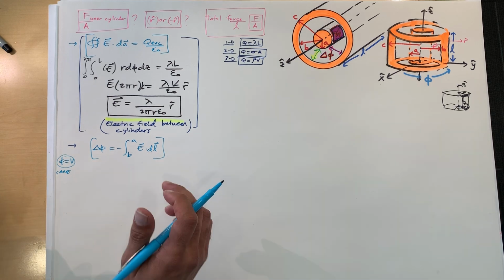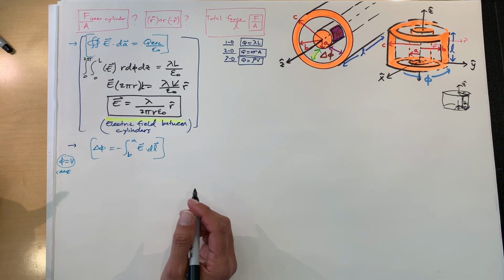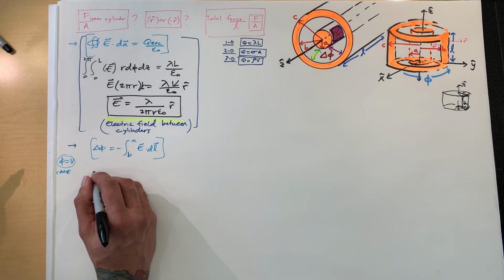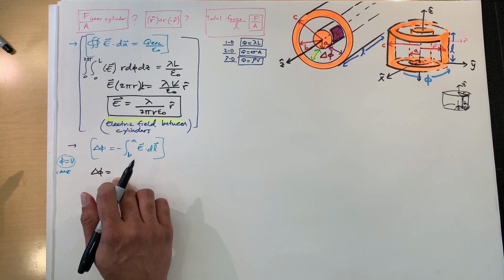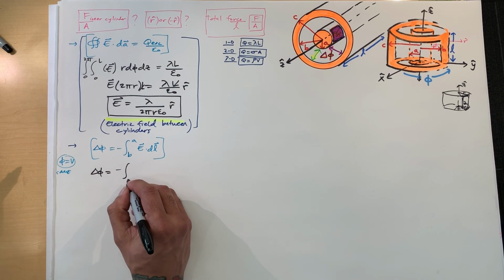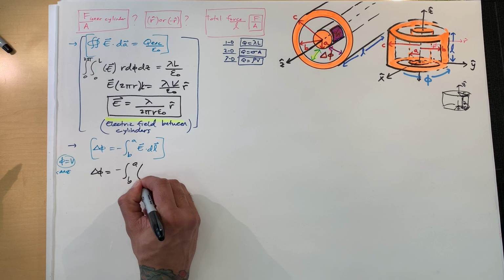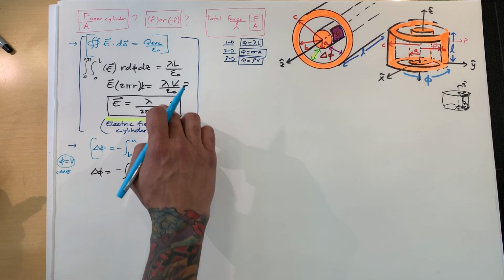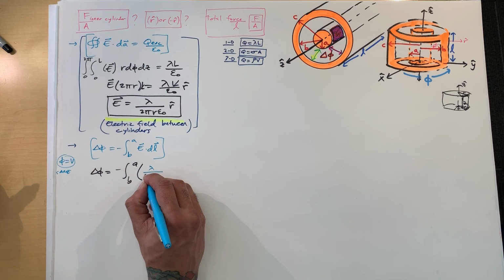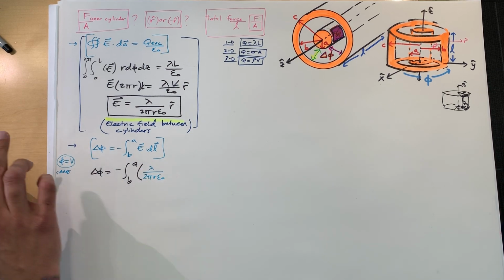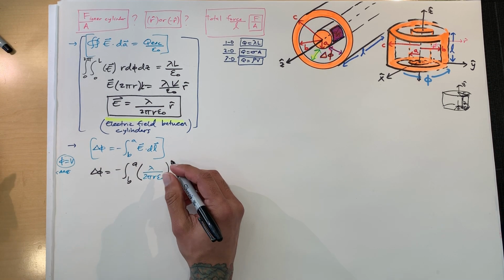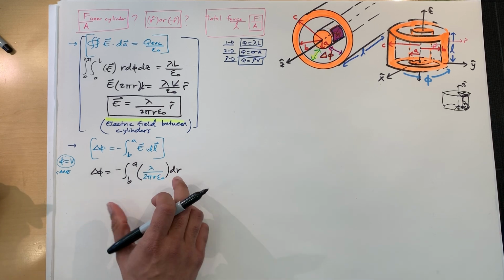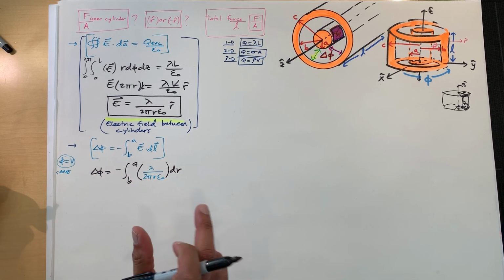All right, so now let's put everything together. The potential is equal to negative integral from B to A, and the electric field in that region is what we calculated here: lambda over 2 pi r epsilon naught, dr. So this is going to be simple.